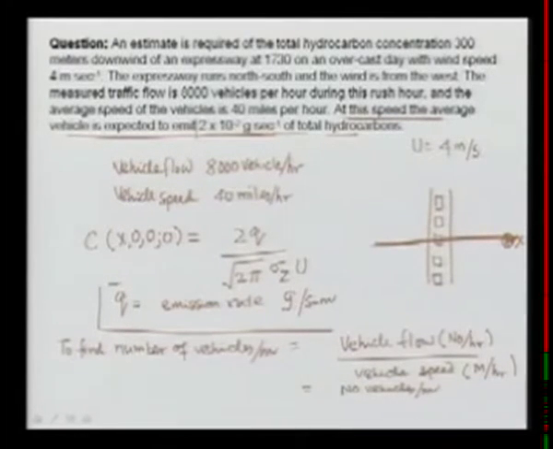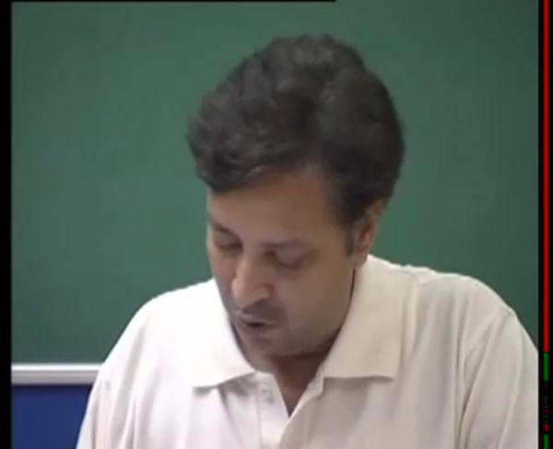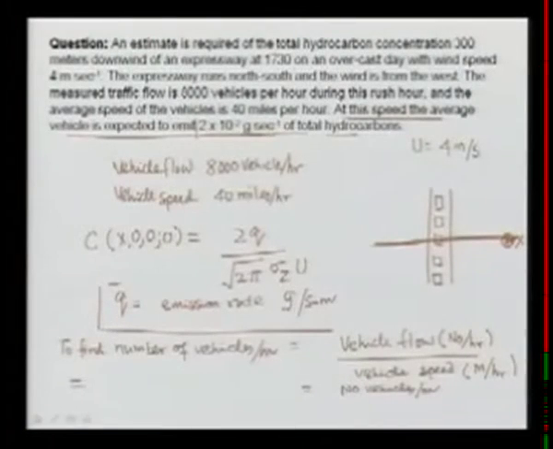So let's try. Vehicle flow, that's the number of vehicles per hour, is 8,000. So let's write here 8,000 vehicles per hour. Okay, and the vehicle speed is how much?